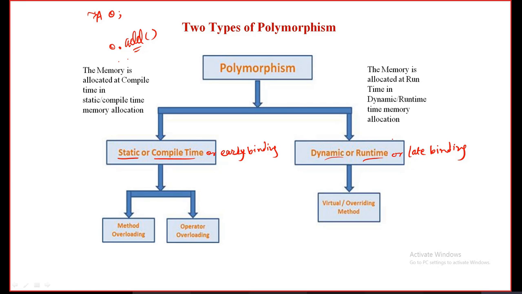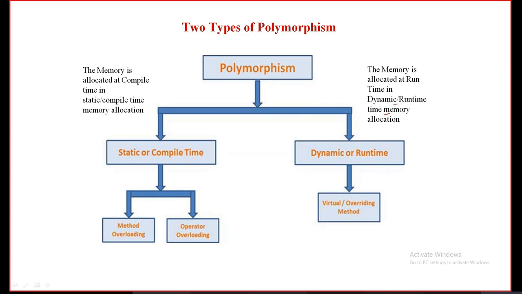Right? So we'll discuss that scenario also. We know that memory is allocated at compile time, and in case of runtime polymorphism, the memory is allocated dynamically.